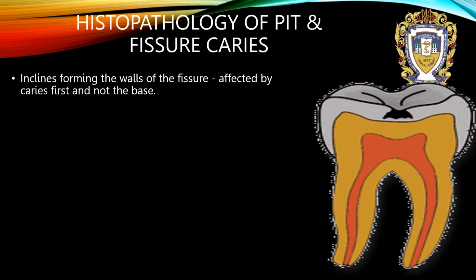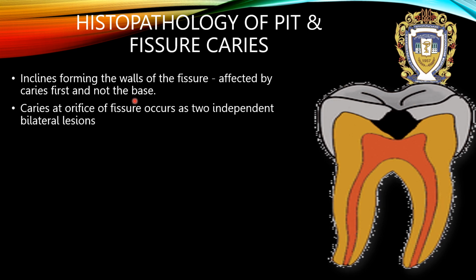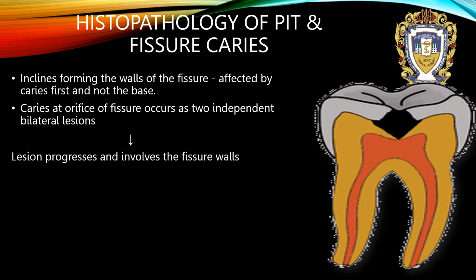And what is the histopathology of pit and fissure caries? At the third stage, inclines forming the walls of the fissure are affected by caries first, and not the base. Caries at the orifice of the fissure occurs as two independent bilateral lesions. After that, the lesion progresses and involves the fissure walls.